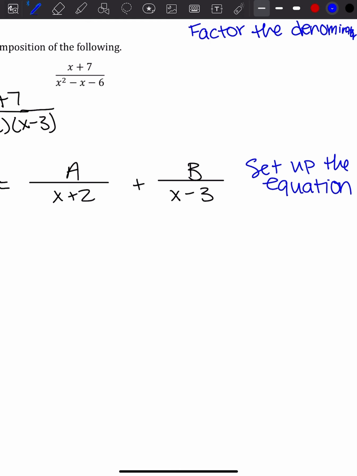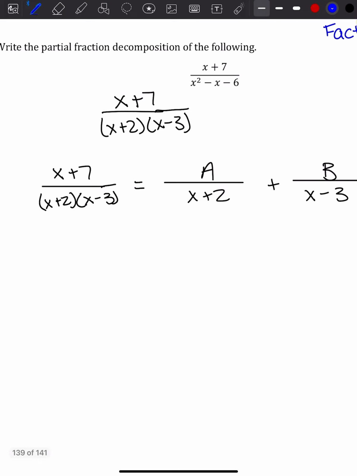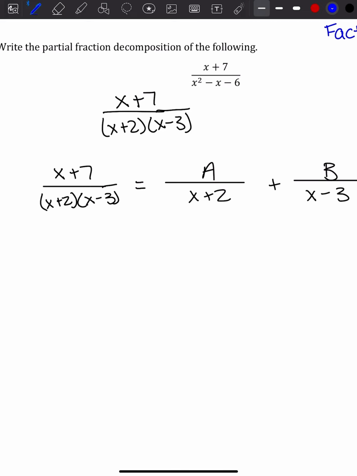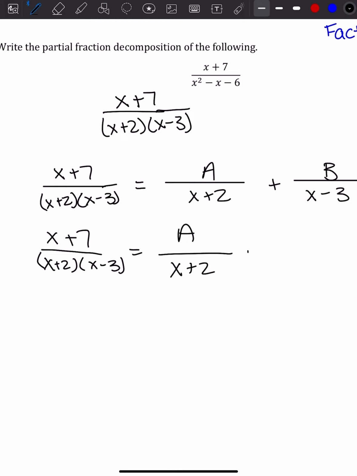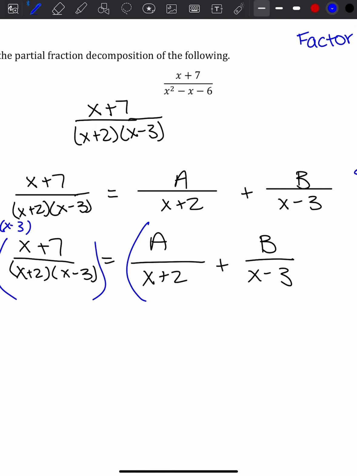So now what we're going to do is multiply both sides by the denominator of our original. So that denominator of x plus 2 times x minus 3. So we're multiplying both sides by x plus 2, x minus 3, and I'm going to do that to this side as well.